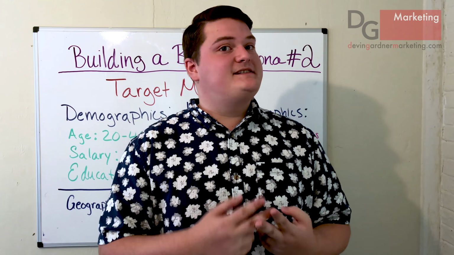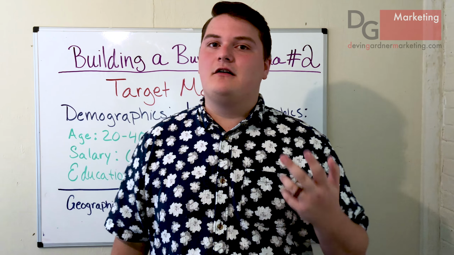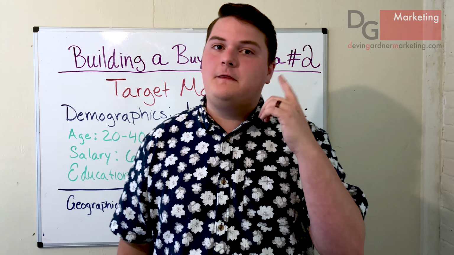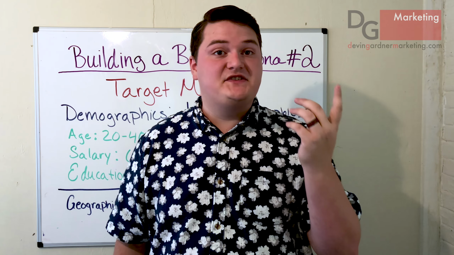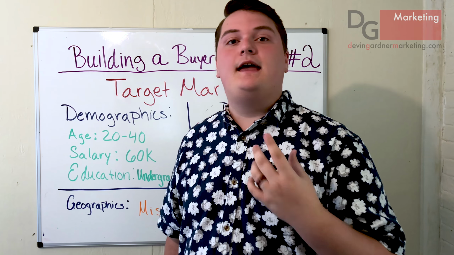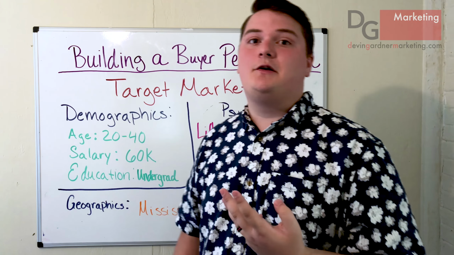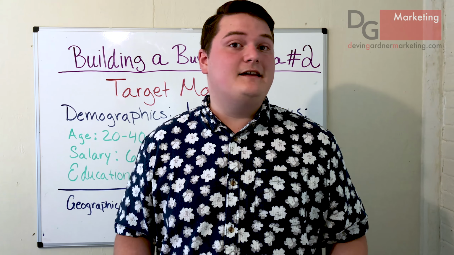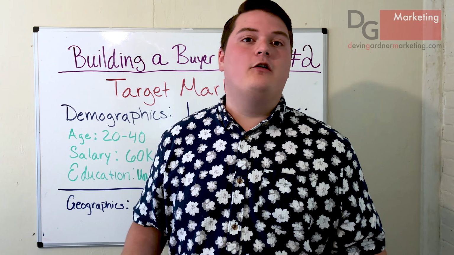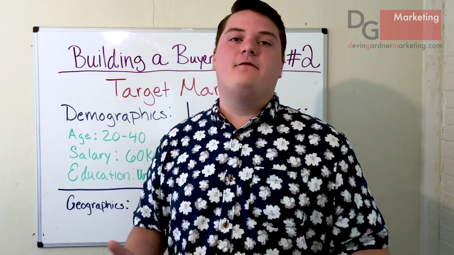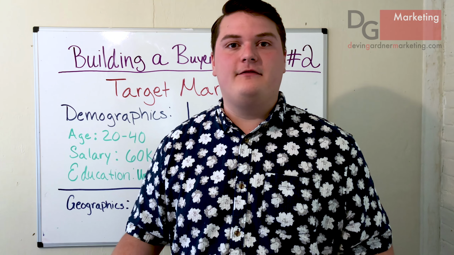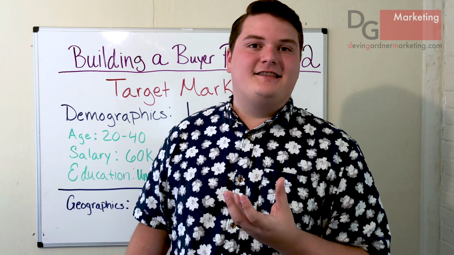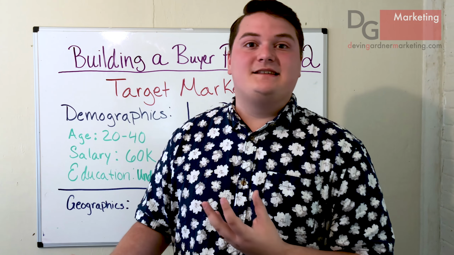And then we have the psychographics. Psychographics are the ways that your target market thinks. It's their personalities, the way they handle certain things. And then there's geographics. Geographics are obviously the places where they live or where they go and do things, whatever you need to interrupt their life and get them into your grasp.